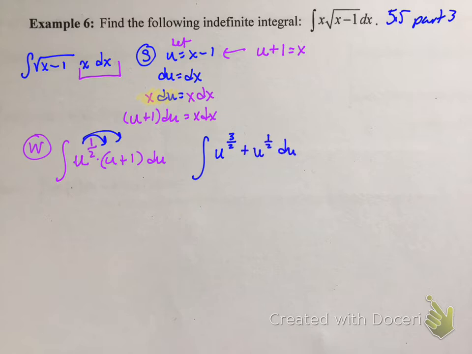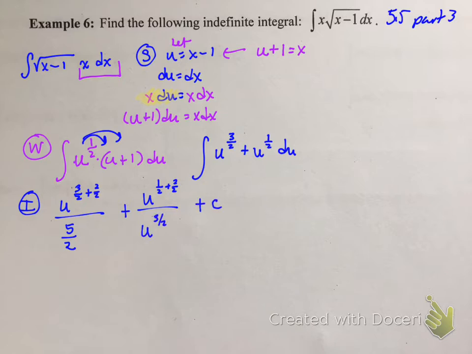Okay, so I'm going to integrate it now. Remember, I'm going to get u to the 3/2 plus 1, which is 5/2 in the denominator, plus u to the 1/2 plus 1, which is u to the 3/2 power, plus c.